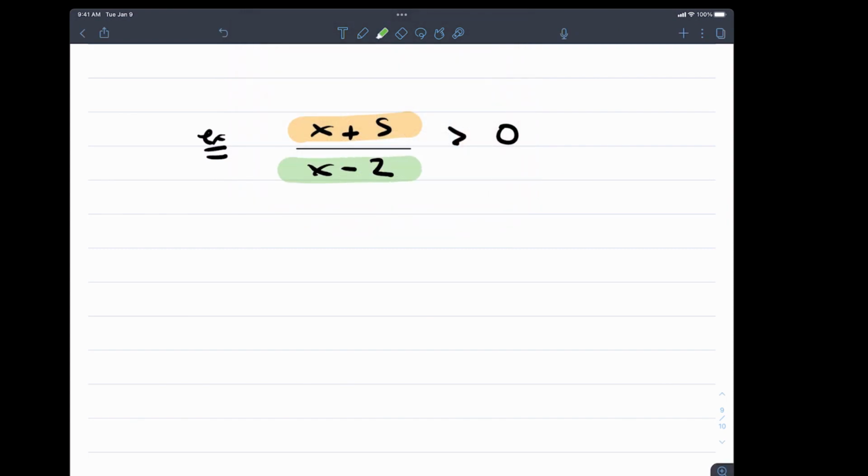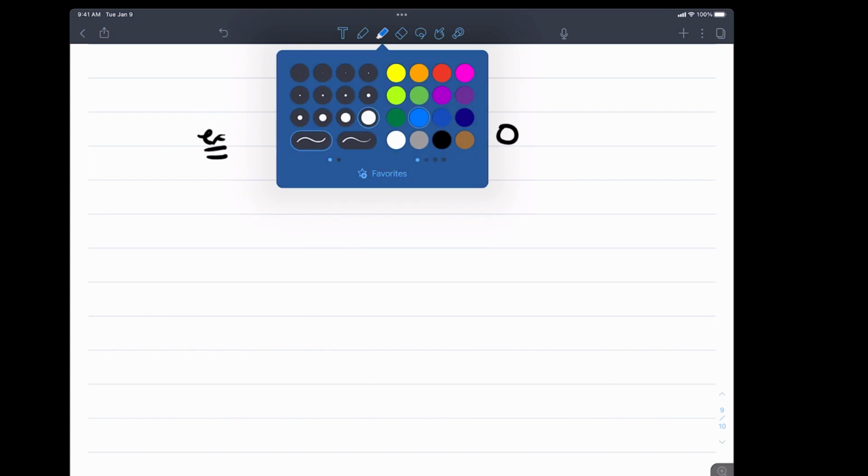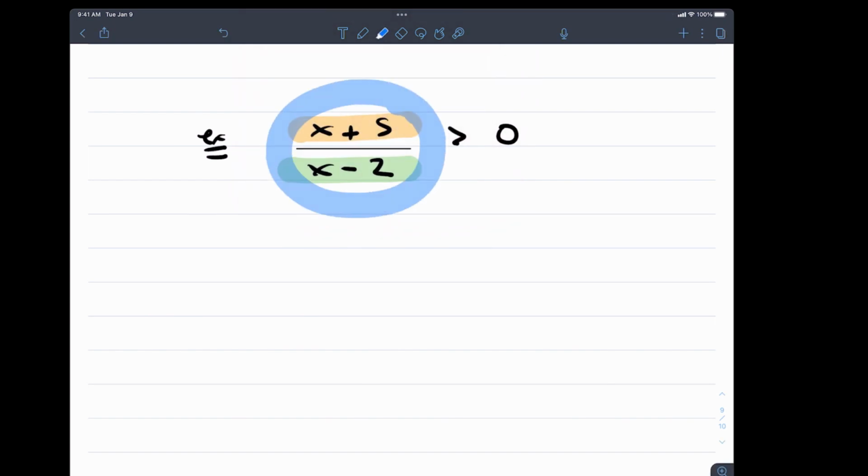This is a fraction. This isn't even a product. This is a quotient. Quotient means to divide. So generally speaking, they want to know where that quotient is greater than 0. They want to know where the quotient is simply what? Positive, ladies and gentlemen. Where's the quotient positive?